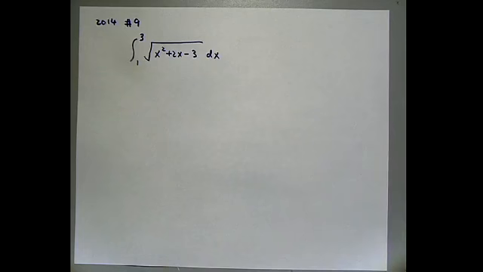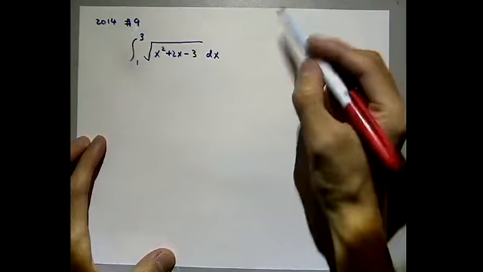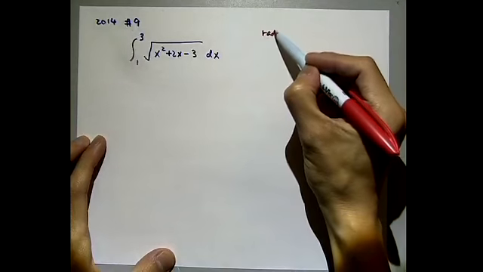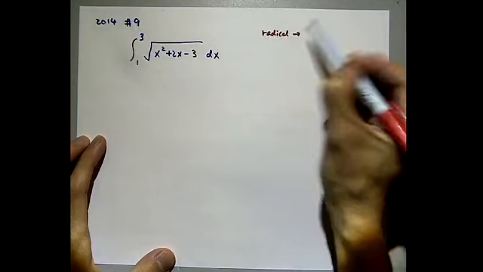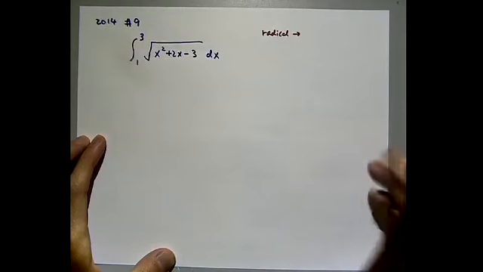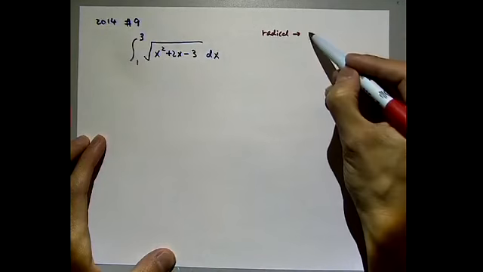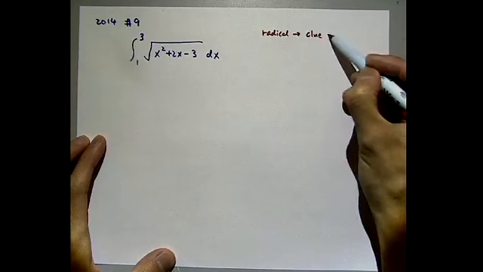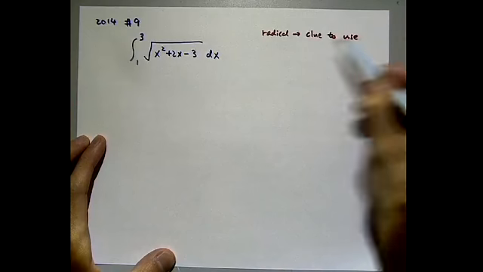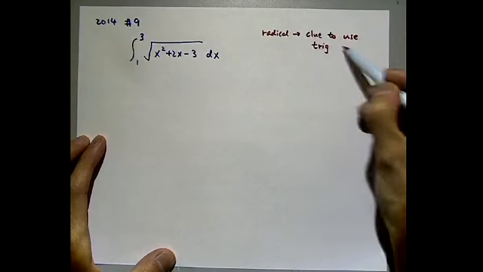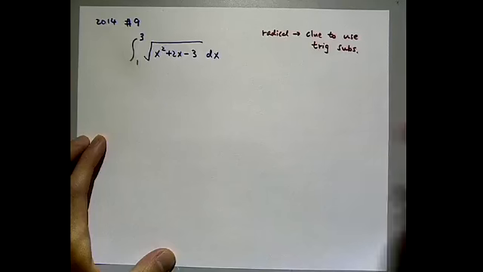Okay, and you've learned quite a bit of different integration techniques. It's always a question as to what you should do. The clue here, I see a radical here. That's always a pretty good clue that trig substitution is a good way to go.